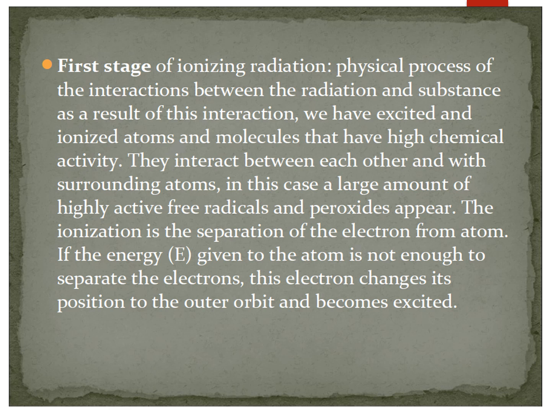In this case, a large amount of highly active free radicals and peroxides appear. The ionization is the separation of an electron from an atom. If the energy given to the atom is not enough to separate the electron, this electron changes its position to the outer orbit and becomes excited. This is the first stage of ionizing radiation.